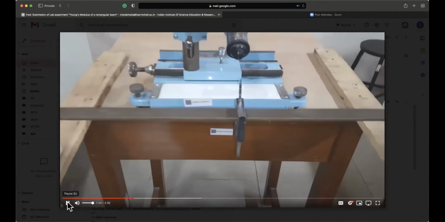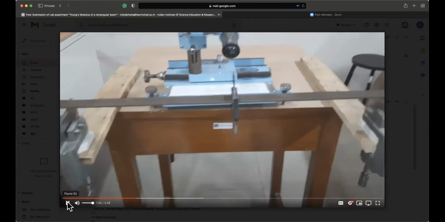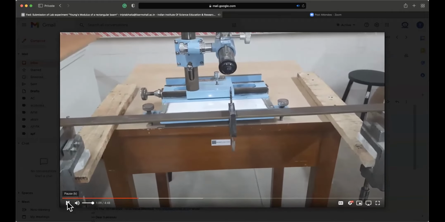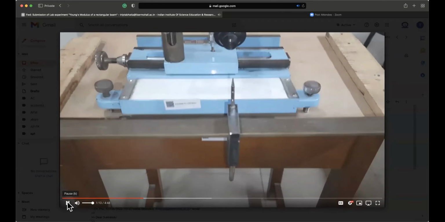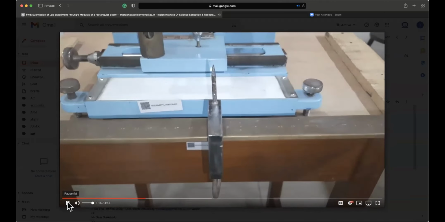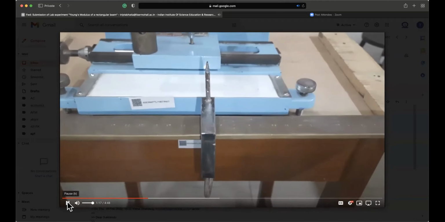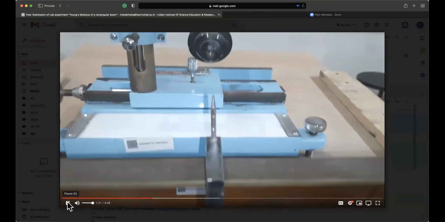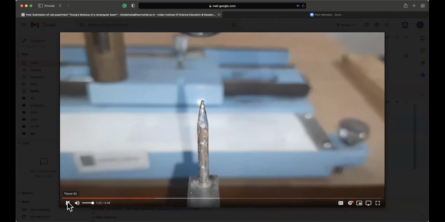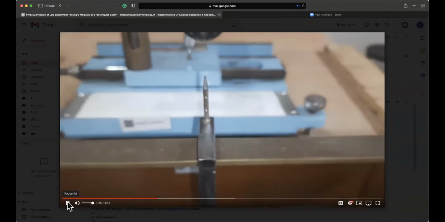And then we will calculate the length between these two edge supports, and we'll put this hook, as you can see here, at the center of this beam. If you note here, this hook has a tip at the top, and then there's a hook for putting the weight on.